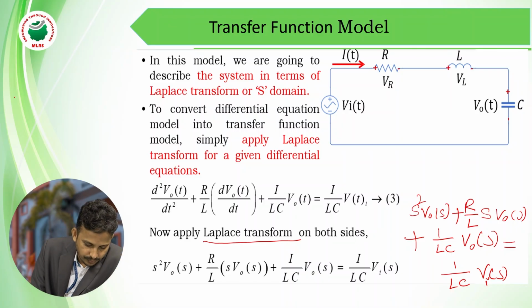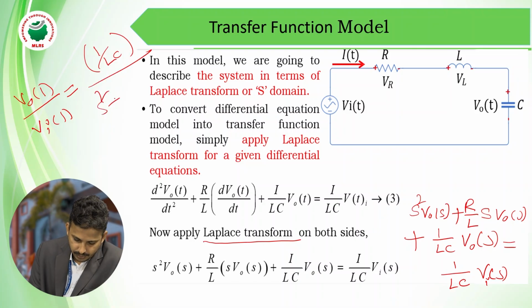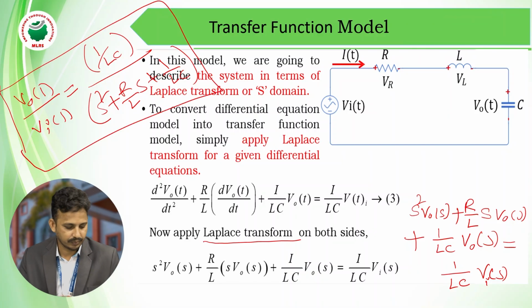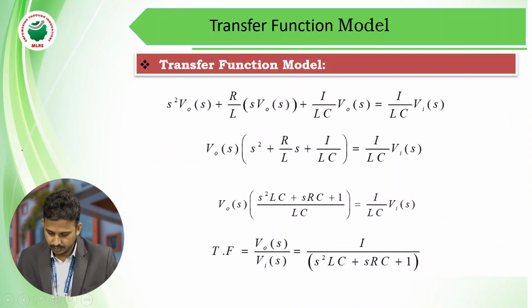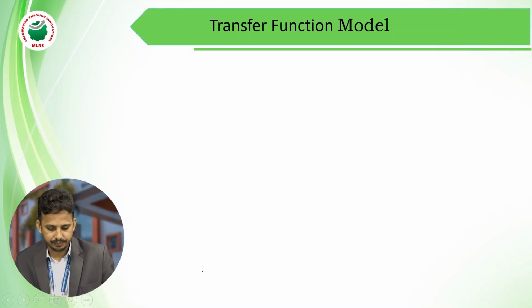So V naught of s by Vi of s is equal to (1 by LC) divided by (s square plus R by L into s plus 1 by LC). This is the transfer function representation of an RLC circuit.